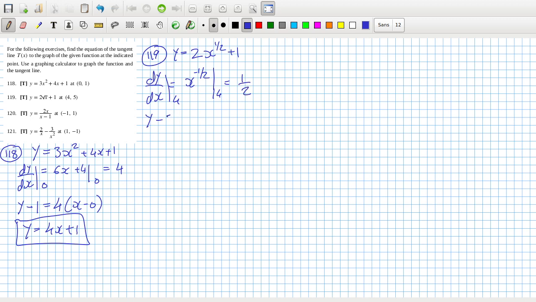So y minus y1 equals m times x minus x1. So y equals a half x minus 2 plus 5. So plus 3 then, I think.